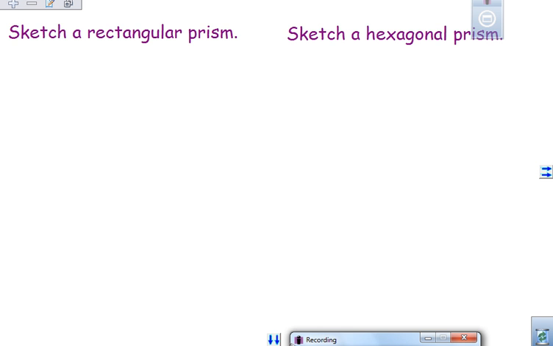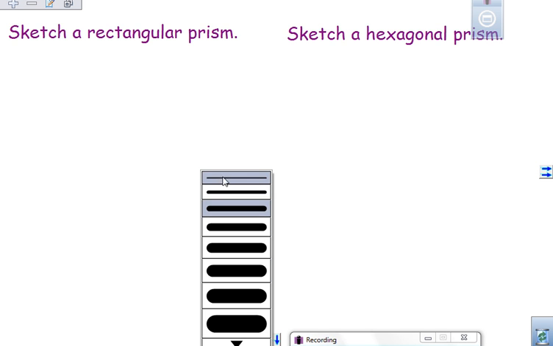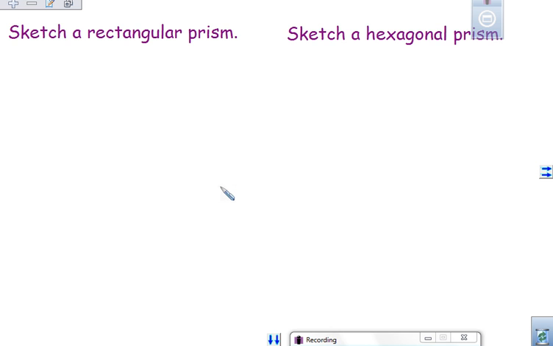Let's practice sketching. If we do a rectangular prism, I'll give you a couple strategies here. You can just draw your front, and then what you can do is connect where you want your back to be, and all of those lines should be parallel, and then anything that's in the background should be dotted. And then we want to make the solid back, and anything that's behind should be dotted. So there's one way.